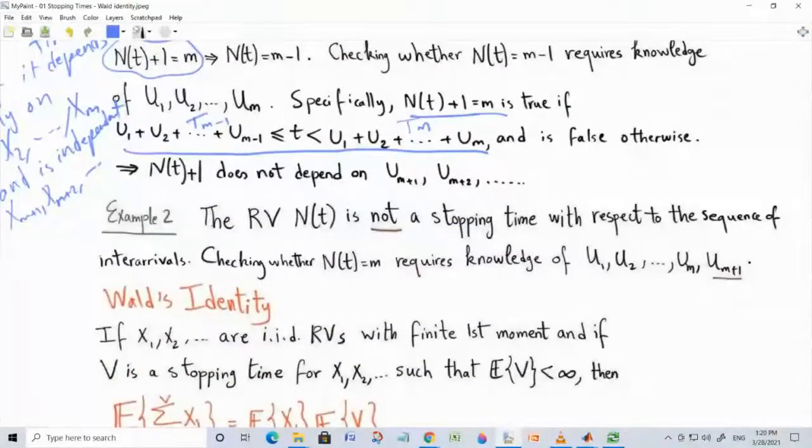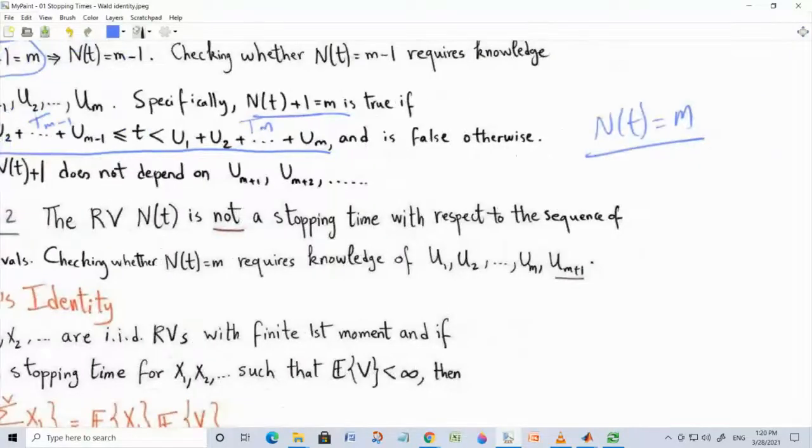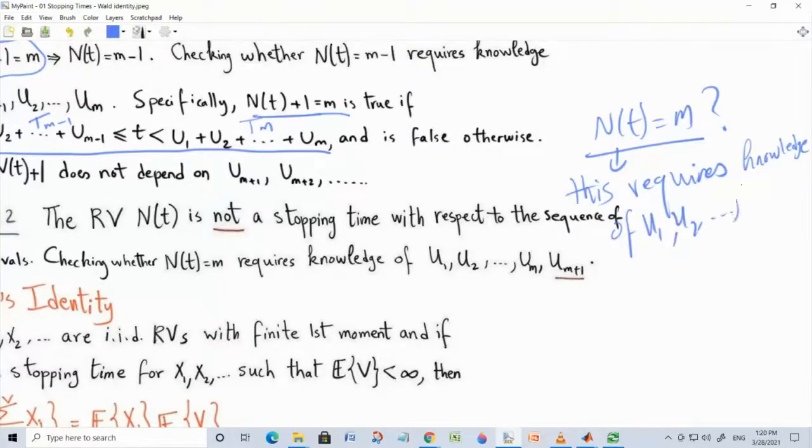N of t itself is not a stopping time, because if you study the event n of t is equal to m, the number of arrivals at time t is equal to m, this requires knowledge of u1, u2 up to um and um plus 1. You need to know this. Why do you need to know um plus 1?